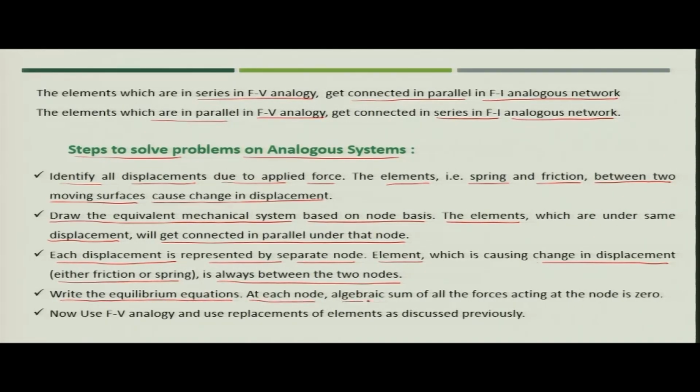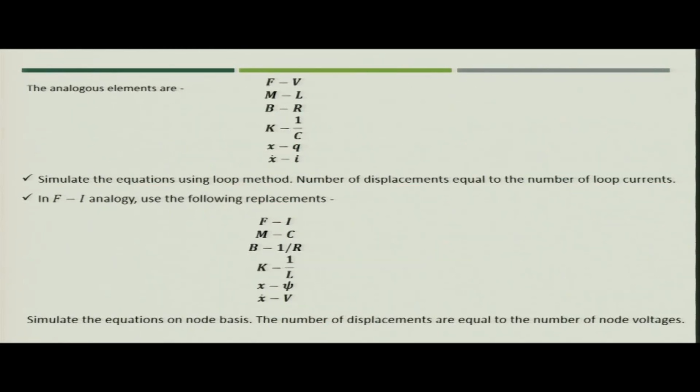At each node, the algebraic sum of all the forces acting at the node will be 0, and then we will use the force-voltage analogy and use the replacements of the elements we have just discussed. So, what are the analogous elements?